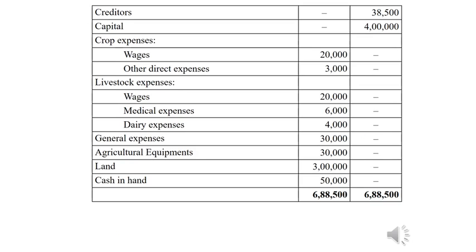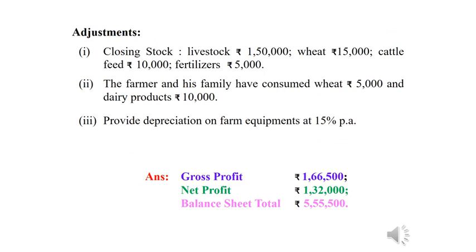Pause the video and record them in your books and solve it. Okay. Answers are given, adjustments are given, answers are also given. So you should get this much of answers: gross profit, net profit, and balance sheet total. Pause this and record in your books.